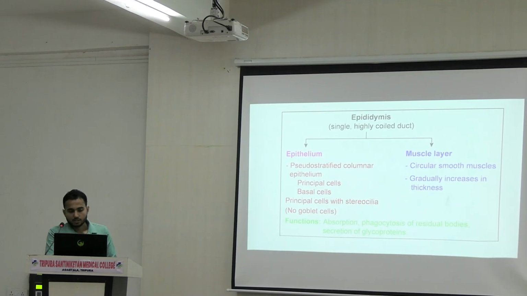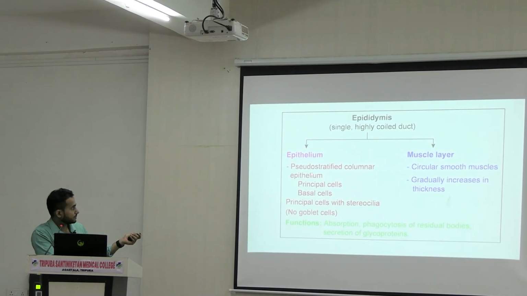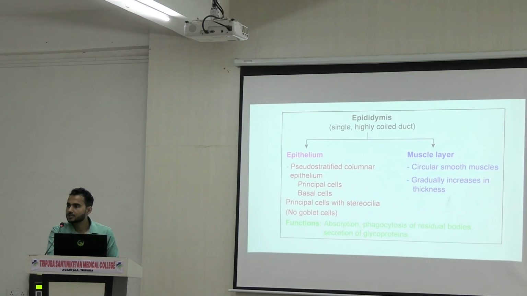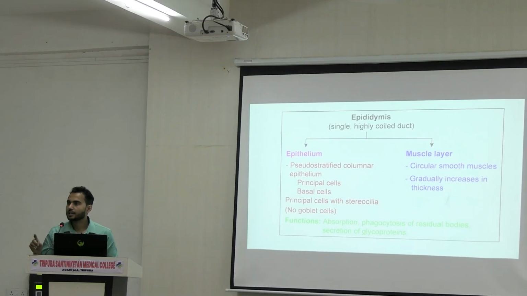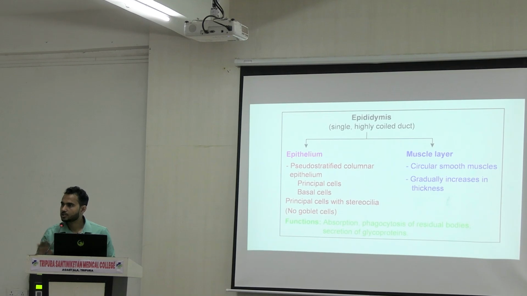So in case of epididymis, what is the epithelium? Pseudo-stratified columnar epithelium. In that, two different types of cells are present: the principal cells and the basal cells. Principal cells are the tall cells. They have stereocilia. And short cells are the basal cells, which do not have stereocilia. That is the lining epithelium.